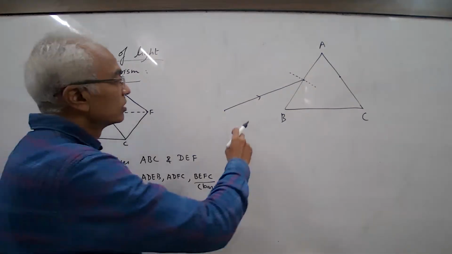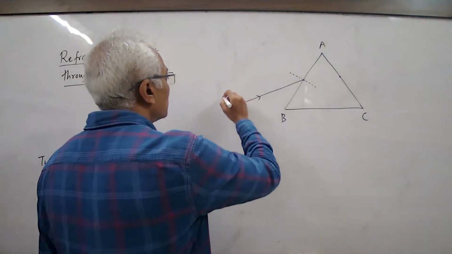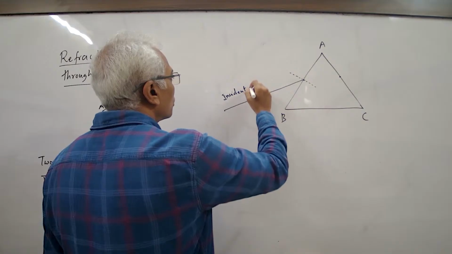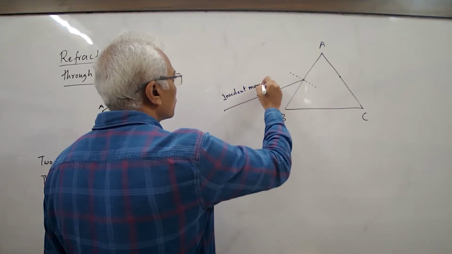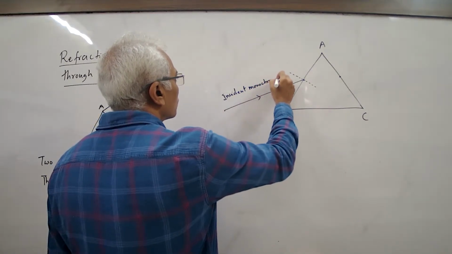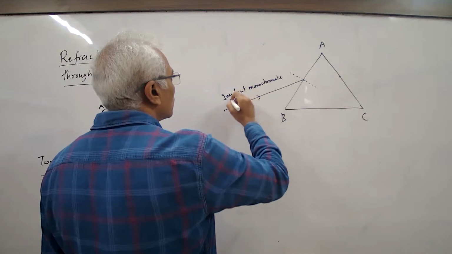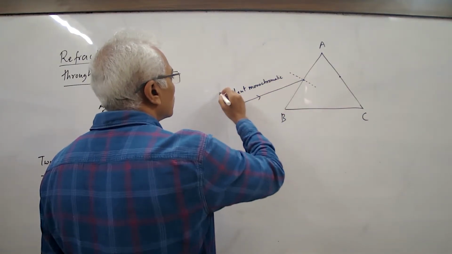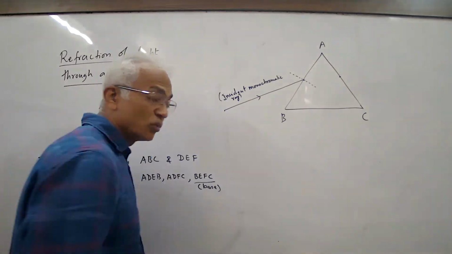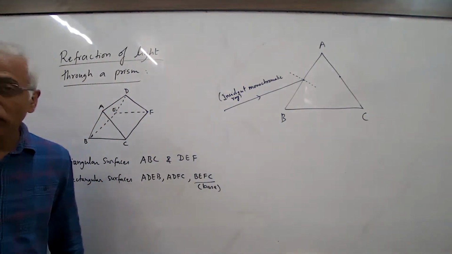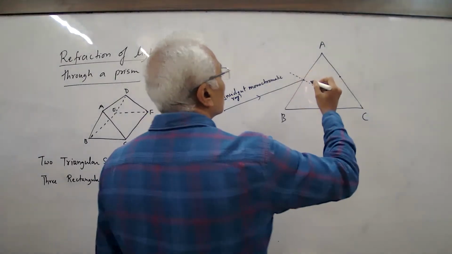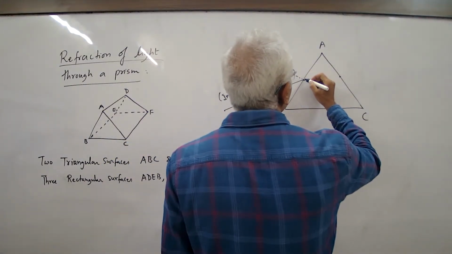And this is the incident monochromatic ray. Okay. What is monochromatic? Single color. Okay. So then, what is its original direction?